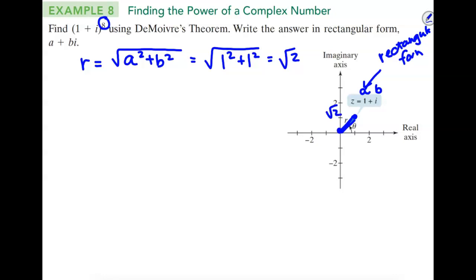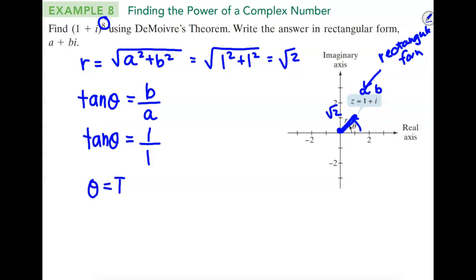The second thing we need to do is find out what this angle theta is. To do that, we use this equation: the tangent of theta is equal to b divided by a. We've done that already in our lessons. So we substitute our b and our a in. The tangent of theta is 1 divided by 1, and then we use inverse trig.